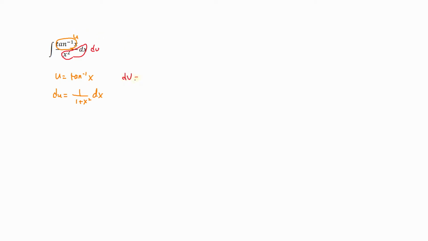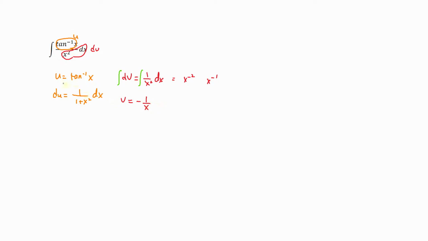So dv equals 1 over x squared dx, and if I integrate, I get v equals, well, that's the same thing as x to the negative 2. So if you add 1 to the exponent, you get x to the negative 1 over negative 1. Therefore I get minus 1 over x.